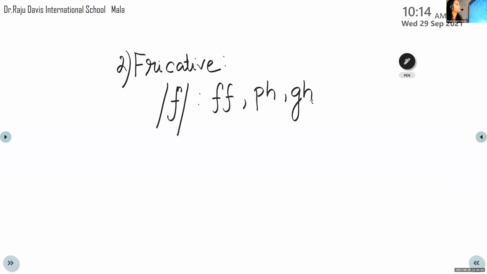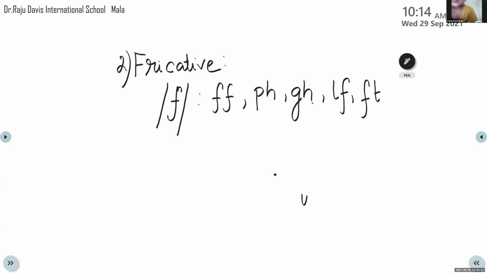Then, lf, very good, like calf. ft, like in often.